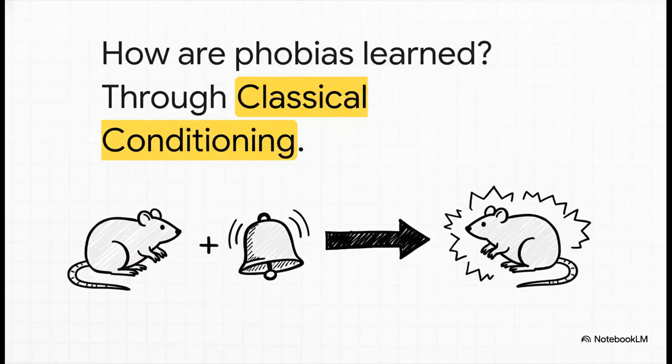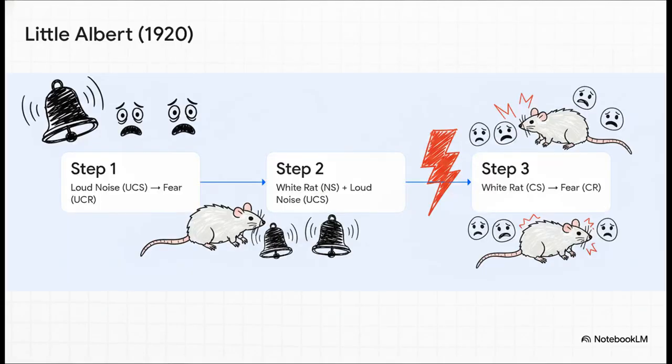Now, if you want a guaranteed way to grab those AO2 marks, start making links across topics. The behaviorist approach gives us a really powerful explanation for how a phobia might get started in the first place. And that explanation is, of course, classical conditioning. And the classic, if pretty horrifying example of this is Watson and Rayner's little Albert study.